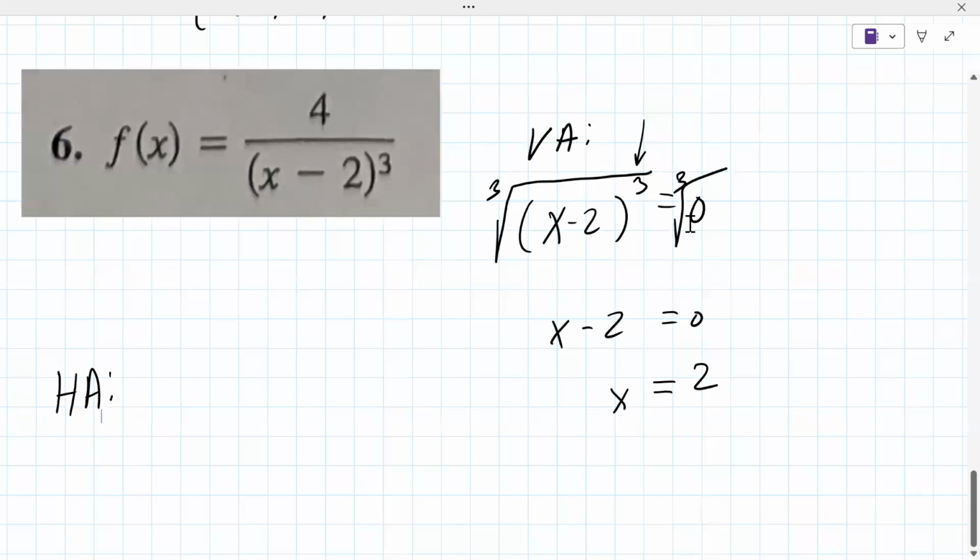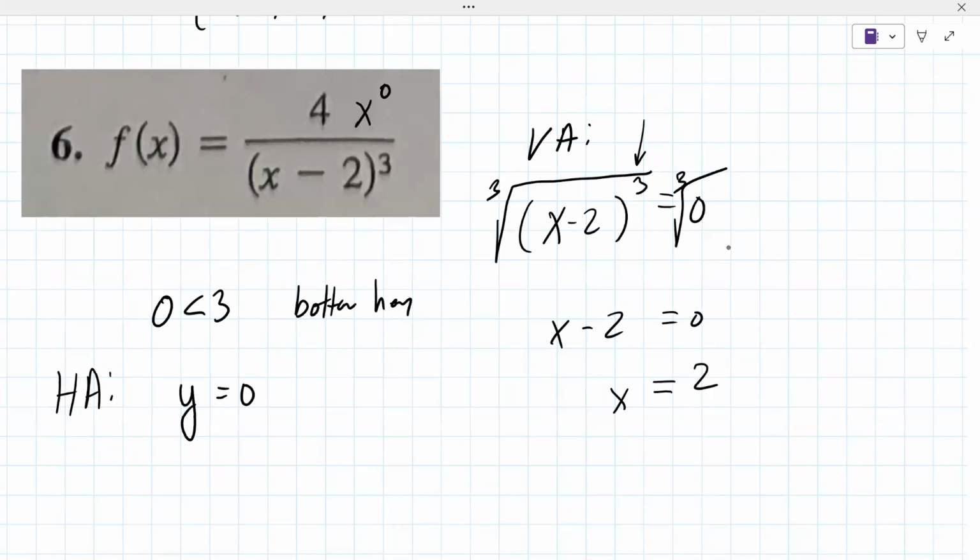The degree on the top, there's really an x to the 0 here that's not written. Because 0 is less than 3, it's considered bottom heavy, which makes it y equals 0. This is very different than what we were doing.